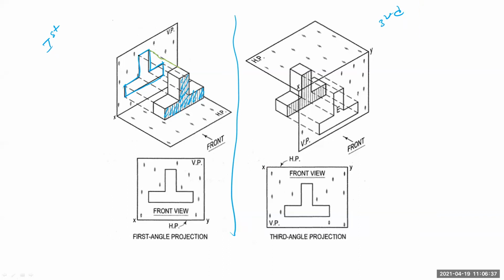You can see here, these are your lines of projection through all the corners of the object going to the plane of projection. And you can observe that they are at 90° with your plane of projection. These lines, the projector lines or lines of projection, are at 90° to your plane of projection. So 90° means they are orthogonal.